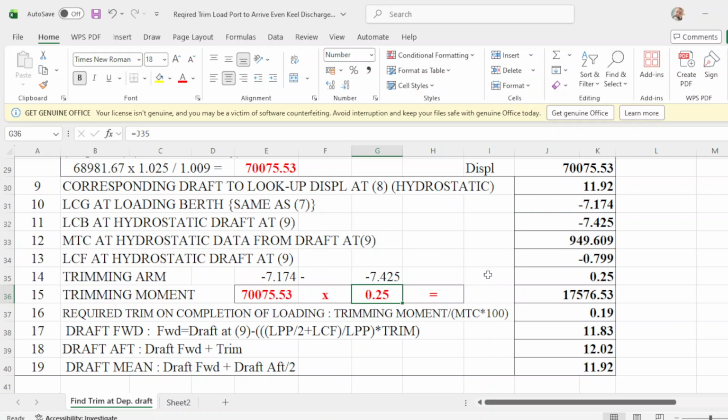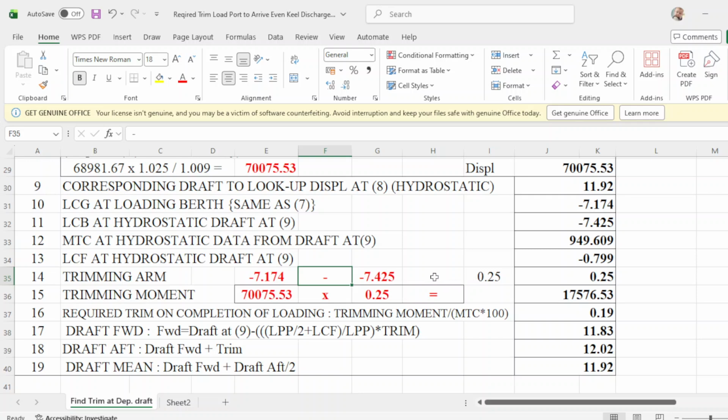And that will be 25. Maybe this one, center. Okay. Make it center, bold, and okay. This is negative, okay?